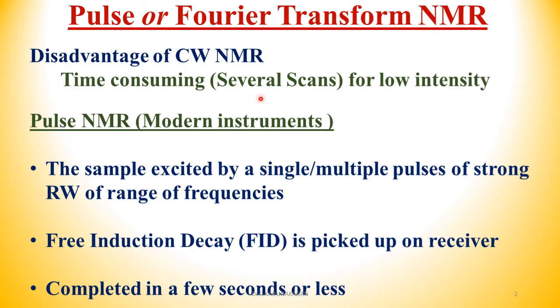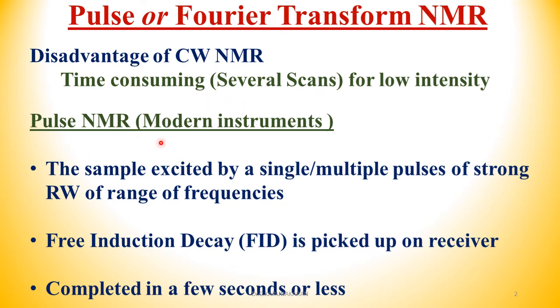It is time consuming. We need to take several scans. It will take a long time for recording, measuring the NMR spectra of a single compound. If the intensity is very low, then we need to carry out several scans.